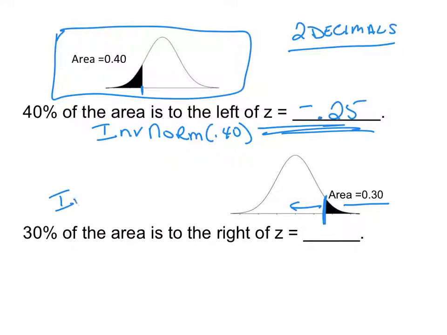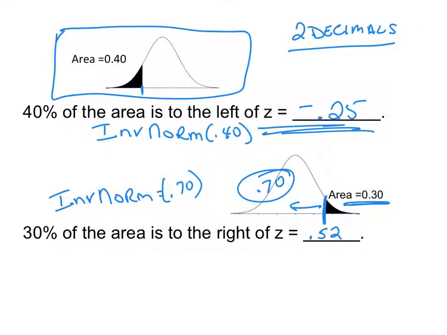Well, this is just like when we did the binomials and had to do one half of the chart or the other. If the area is 30% over here, that means it's 70% on this side. So I inverse norm 0.70, and that'll tell me the correct z-score with the correct sign. 2 decimal places is 0.52.